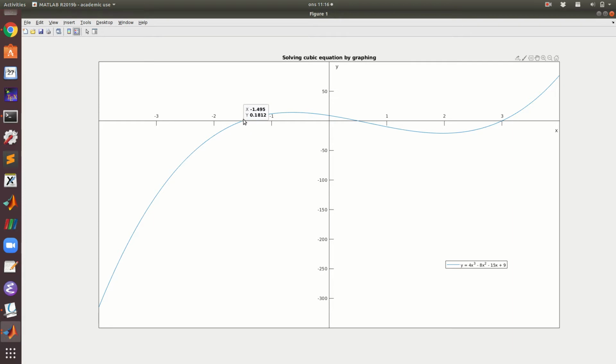The x values here are around -1.5, and then something there maybe around 0.5, and then something here around, you can read off, maybe around 3. So that will be the solution to this cubic equation by graphing.